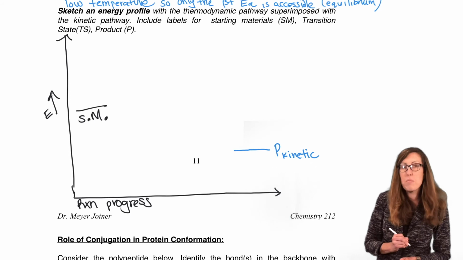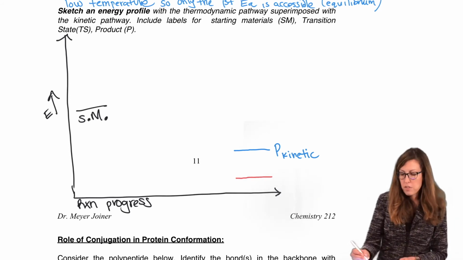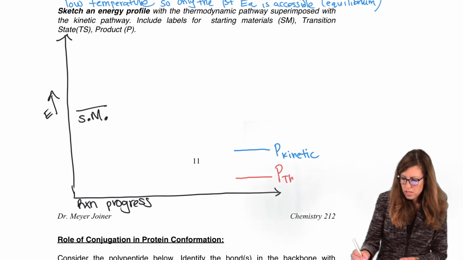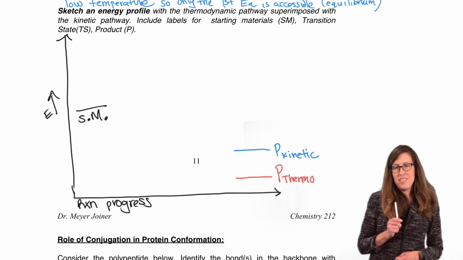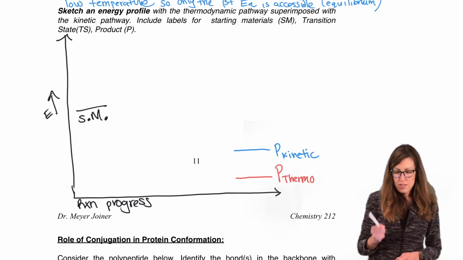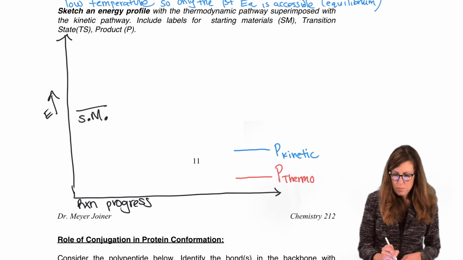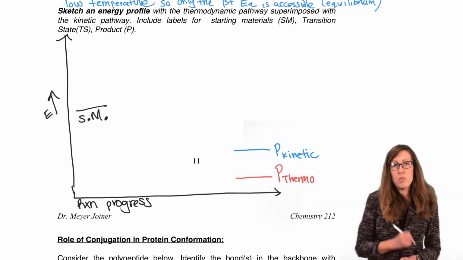And remember that if it's the thermodynamic product, it's lower energy, it's more stable. But the activation energy, so oftentimes the formation of the carbocation, whatever the first transition state is, that distinguishes those two paths, the blue one is going to be lower.